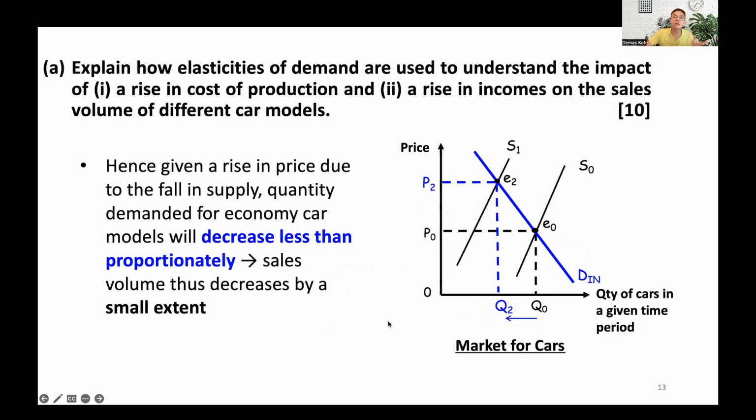So as you can see, the fall in quantity demanded from Q0 to Q2 is less than proportionate to the rise in price, right? P0 to P2 in this case. And therefore, we can conclude that sales volume decreases by a small extent for more economy models of cars.